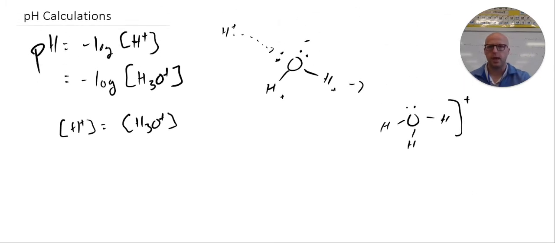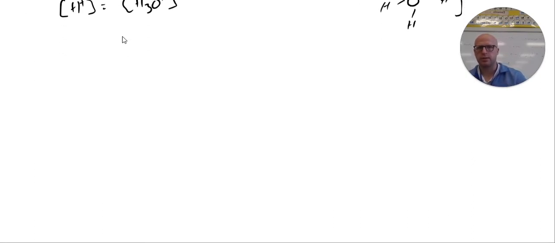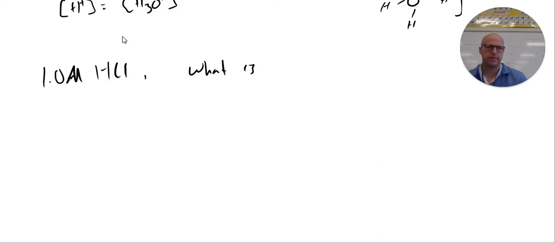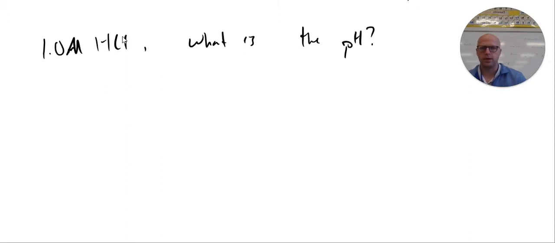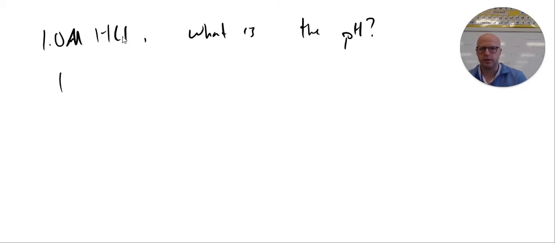So pH is equal to the negative log of H+. It's really quite simple. Say you have a strong acid, something like hydrochloric acid. Say I have 1 molar HCl, what is the pH? Well, we know it's a strong acid, so hydrochloric acid completely dissociates.